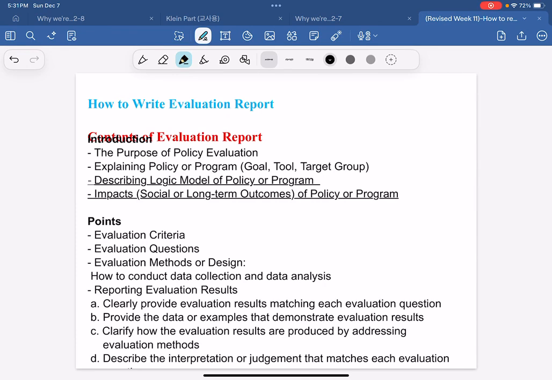Also, in the point, the evaluators need to report the evaluation result, right? And when we learned the evaluation plan, the evaluation plan recommends evaluators to include the criteria, questions, method, and the result, and the points are aligned with the evaluation result that we have learned.